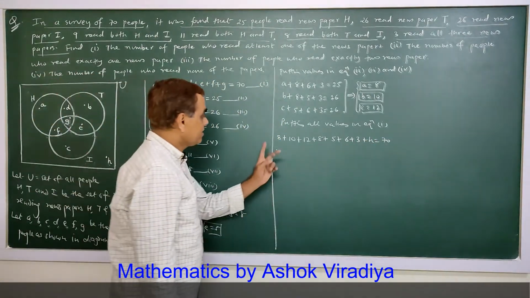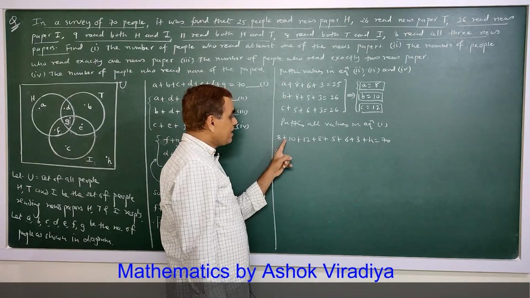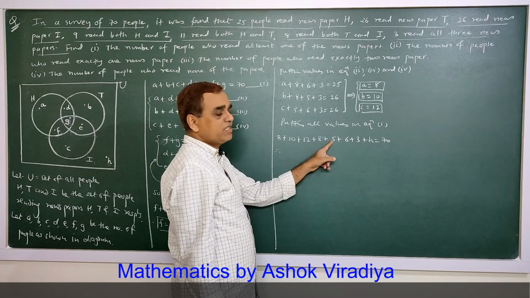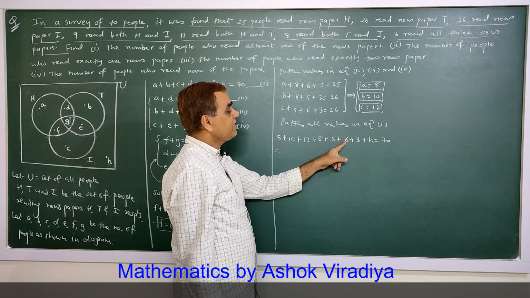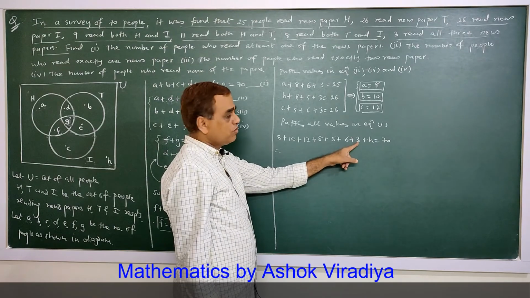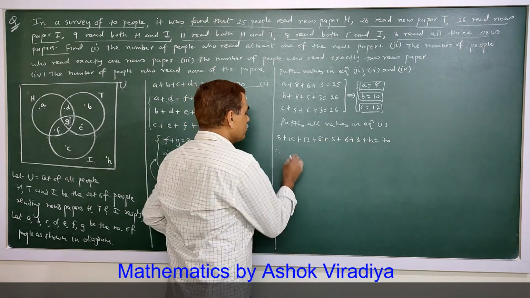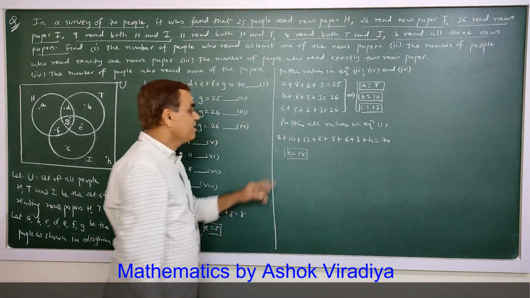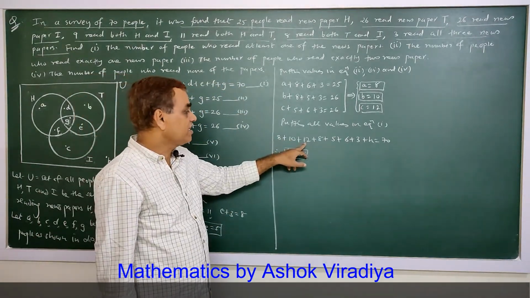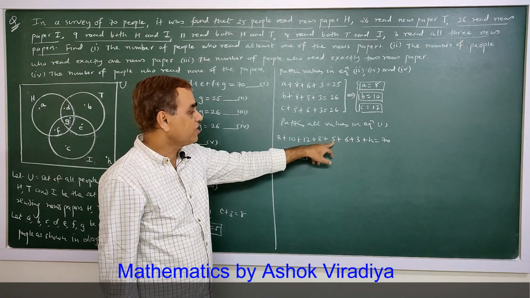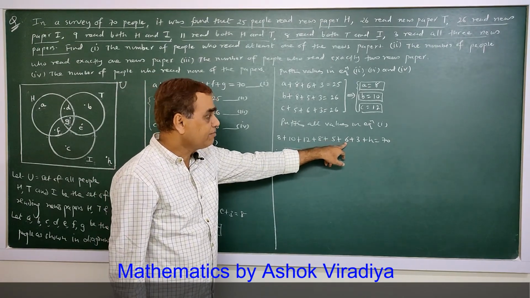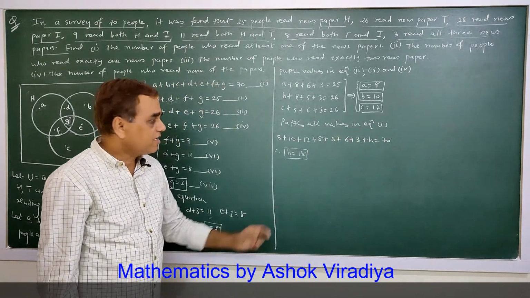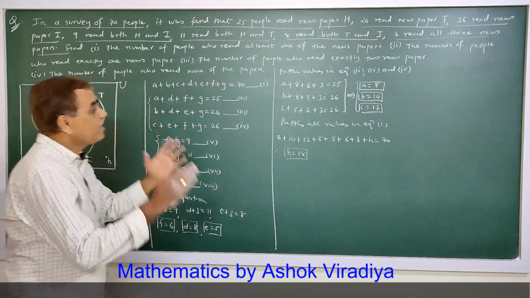So taking the total here, 12 plus 8 is 20, 20 plus 10 is 30, 30 plus 8 is 38, 38 plus 5 is 43, 43 plus 6 is 49, plus 3 is 52. So H is 70 minus 52, that is 18. Checking once again, 10 plus 8 is 18, 18 plus 12 is 30, 30 plus 8 is 38, 38 plus 5 is 43, 43 plus 6 is 49, plus 3 is 52, so H is 18. So all values are obtained.